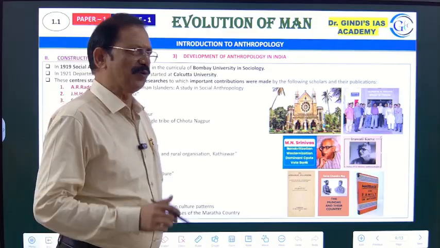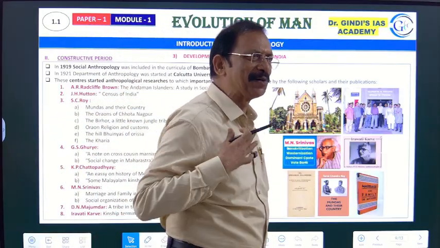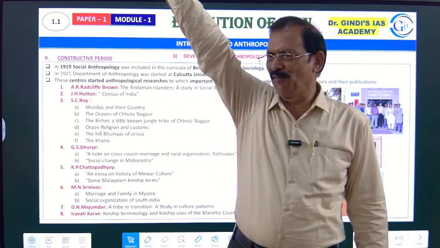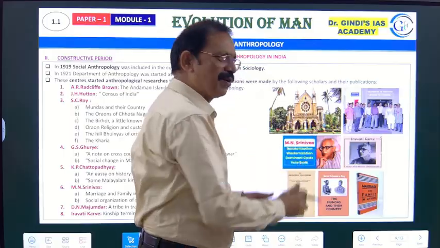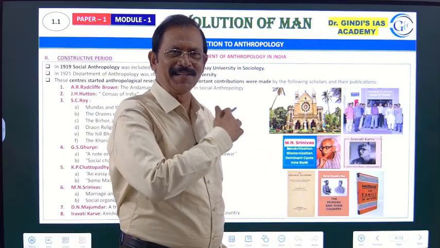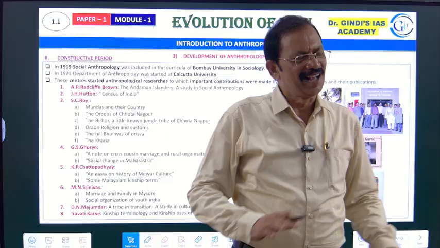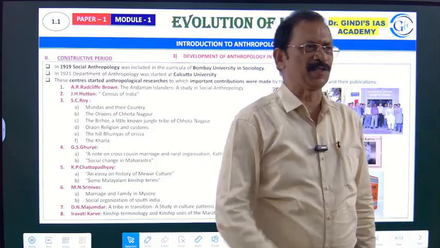So these were the terminologies contributed by our Indian anthropologist to the world of anthropology. He was M.N. Srinivas. Among the Coorgs of Mysore, he conducted research and for the first time gave the word Sanskritization. Of course, there is a separate chapter, I will explain.